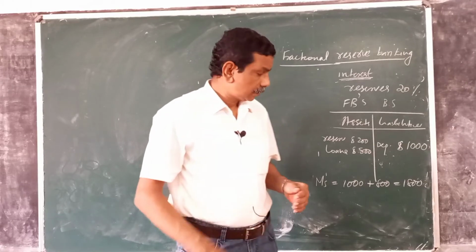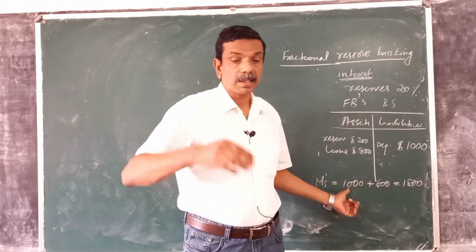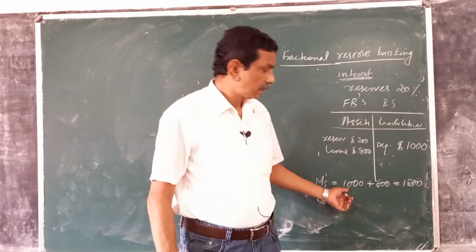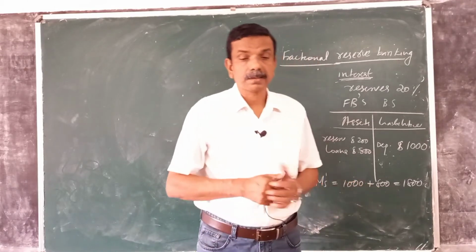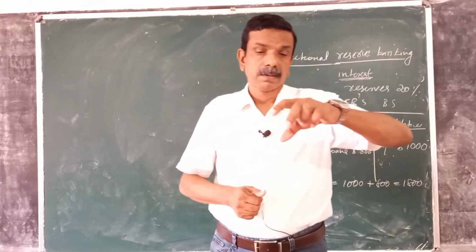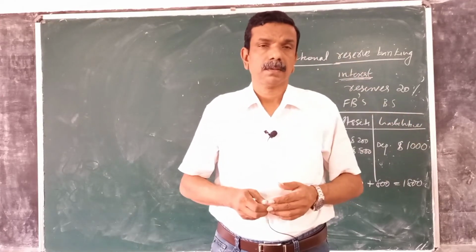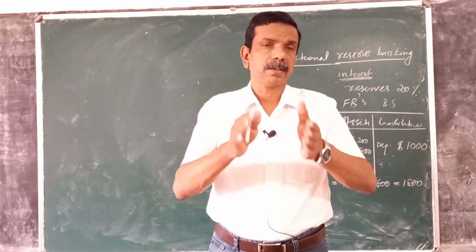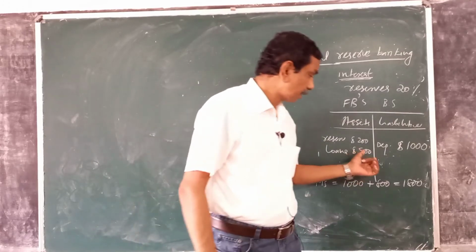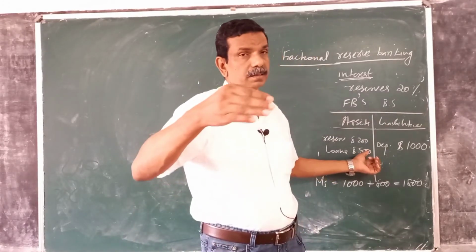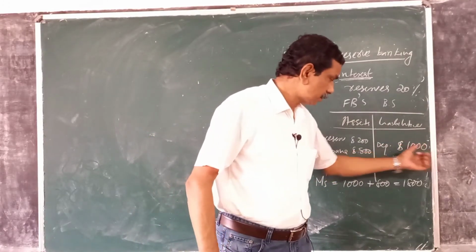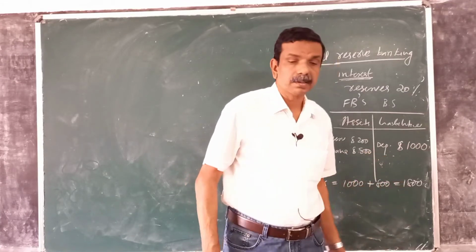So, of this 1000 is bank deposits, the remaining 800 is the loans given by the banks. And those who take the loan will get $800 as currency. So 1000 plus 800, 1800.